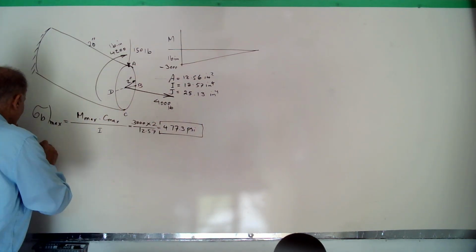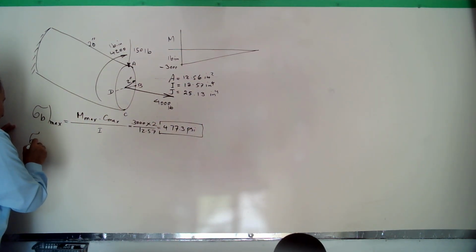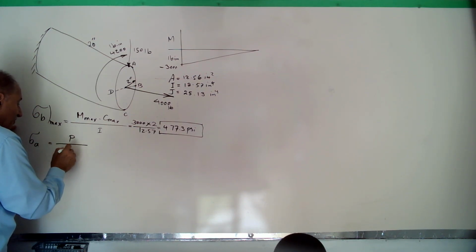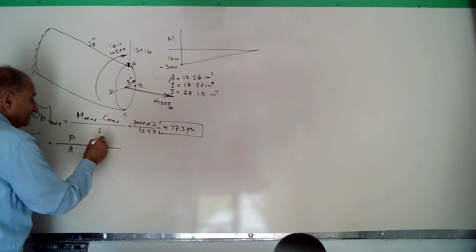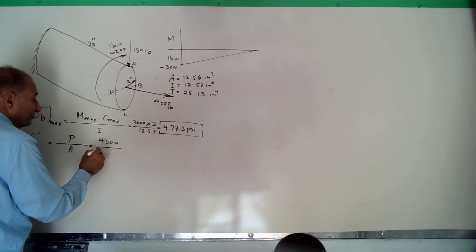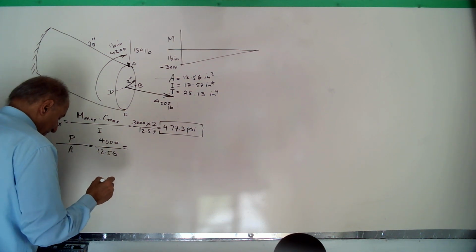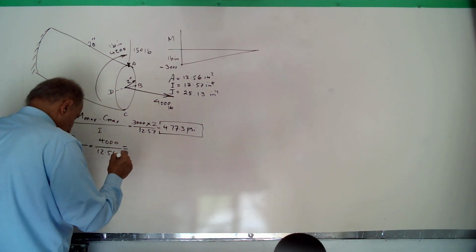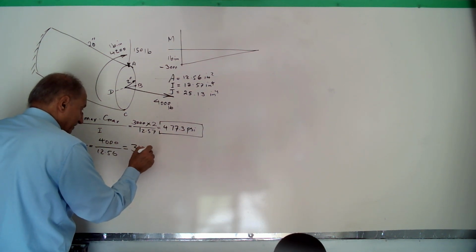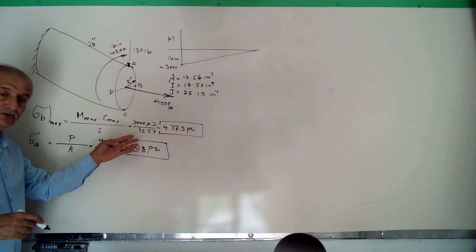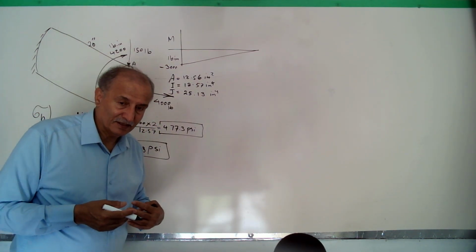That's the bending stress. And the normal stress due to axial load, which is always the same, equals P over A, which is 4000 divided by 12.56, equal to 318 psi. These are the two normal stresses.